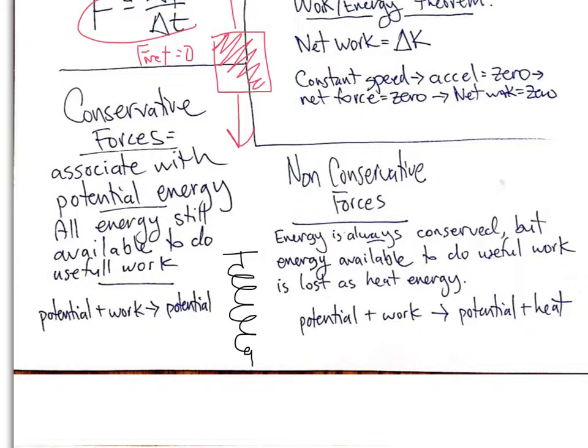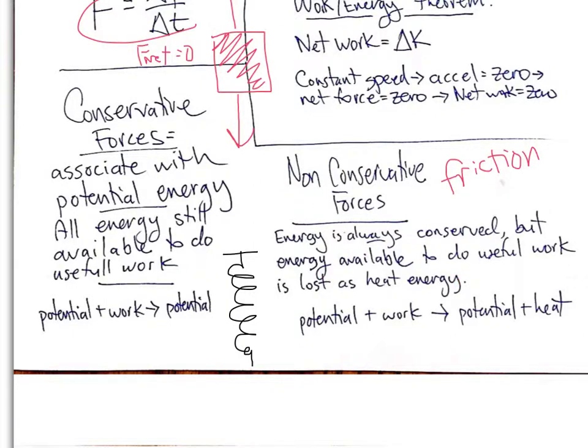Something like friction, all right, do I list friction here? So friction is a great example of a non-conservative force. With a non-conservative force, you're not going to be able to get that energy back, essentially.